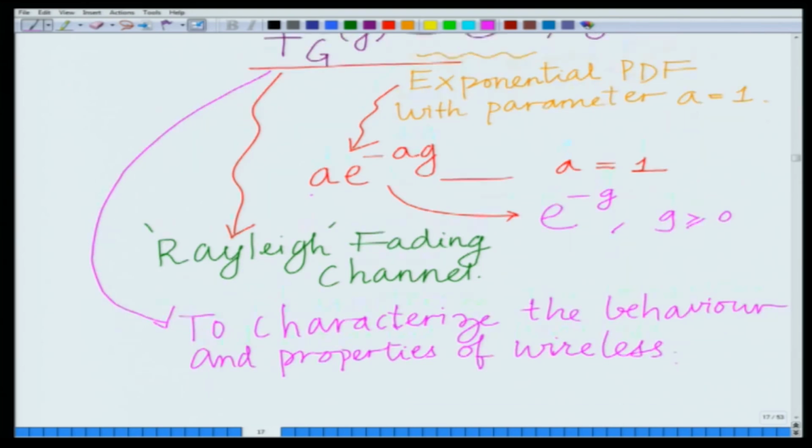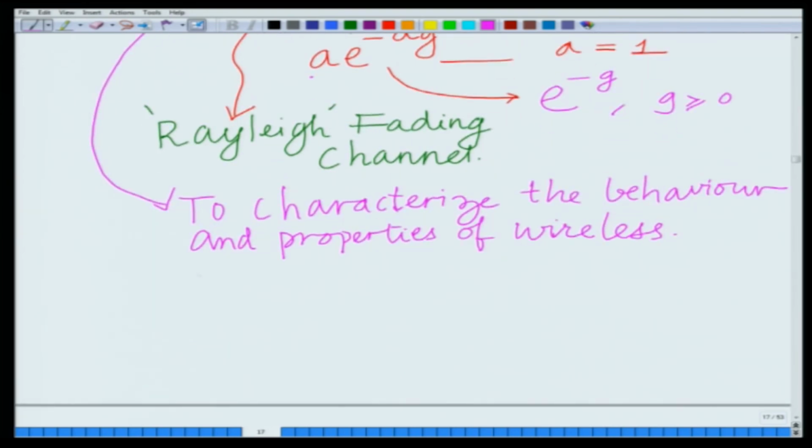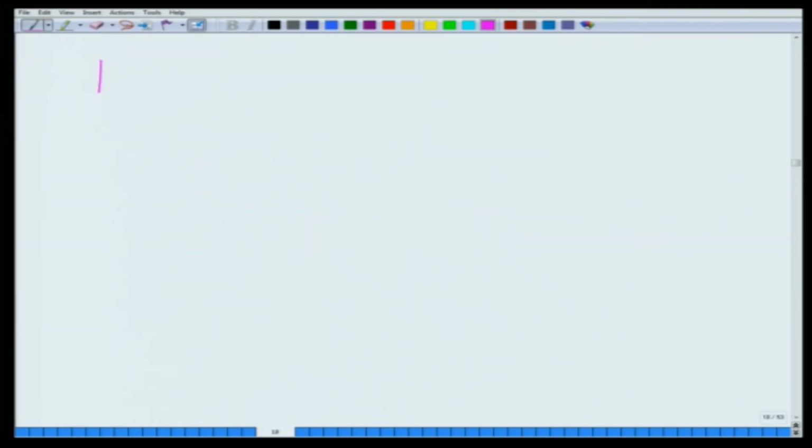Since we are talking about the characterization of the behavior of the wireless channel, let us look at this simple example.